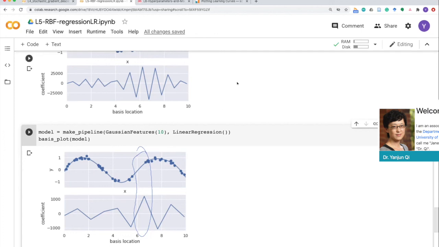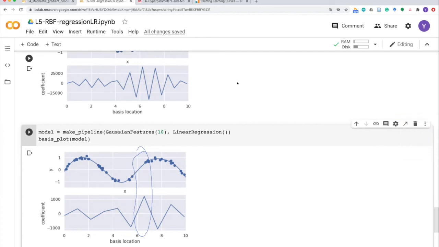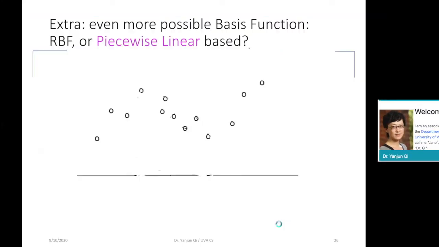And I think this is all I want to talk about. Let me see if I have more slides. Talking about RBF kernels, and even more, it's not just bell shapes. You can also go piecewise linear, like this. There's actually nothing stopping you from doing it. This is another extreme type of basis function.